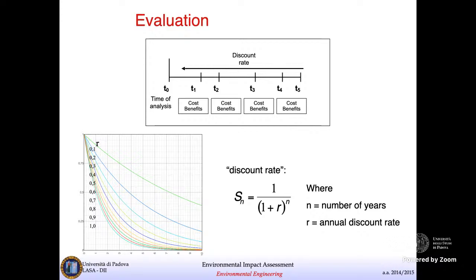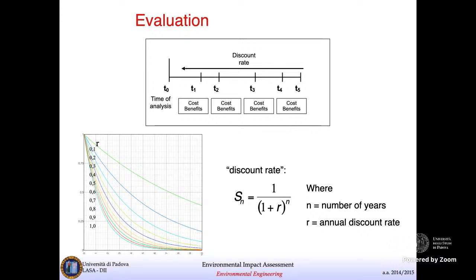You start at time zero, the time of analysis. For example, you evaluate the cost benefits at different time steps, typically each year, and this evaluation is made by changing the economical value of costs and benefits by employing the discount rate.